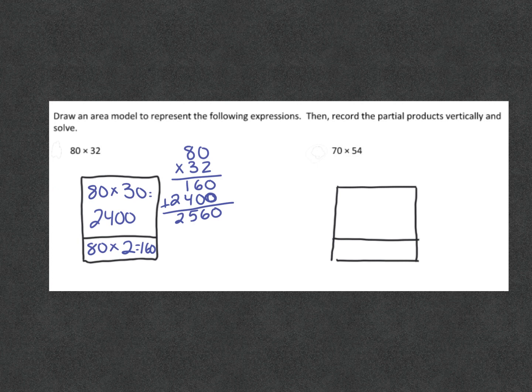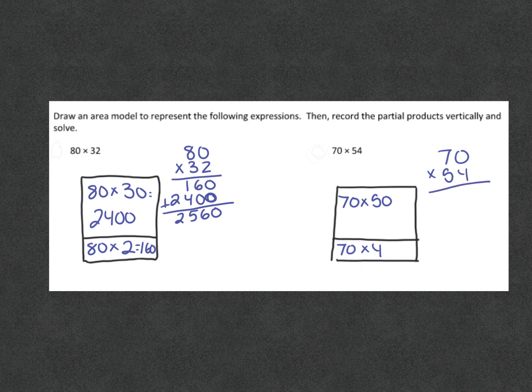For the next example, we have 70 times 54. In the big box, we are going to put 70 times 50. And in the smaller one, we are going to put 70 times 4. Then we are going to do the same process we did before. 70 times 54.